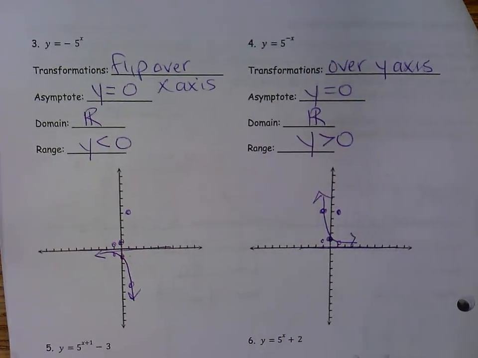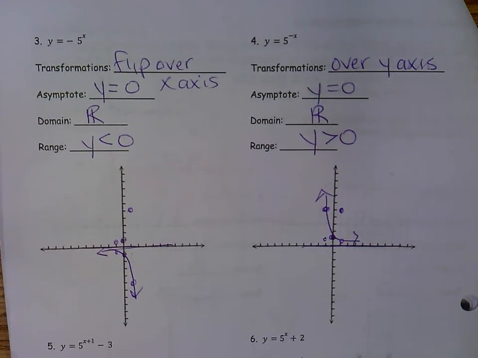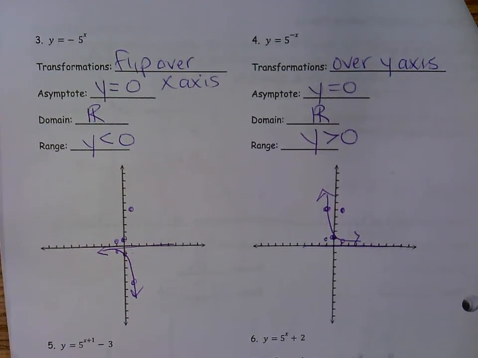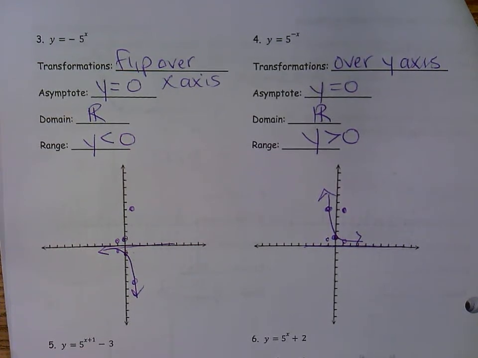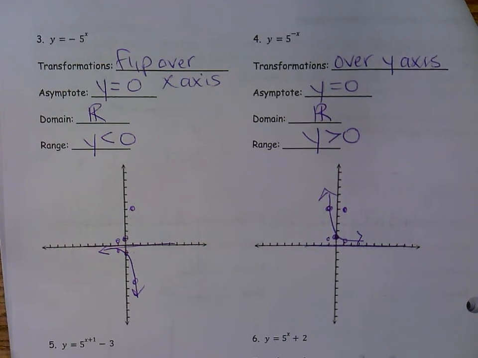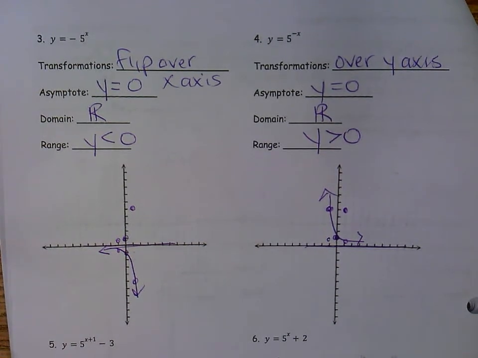So I'll leave question 3 and 4 up just for like 1 more minute, so you could check them if you wanted to. Okay, I'm going to put up the last 2 for the graphing.